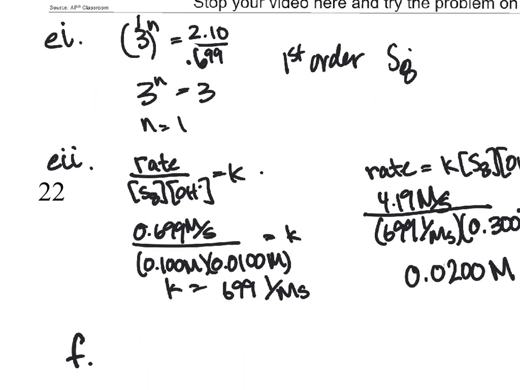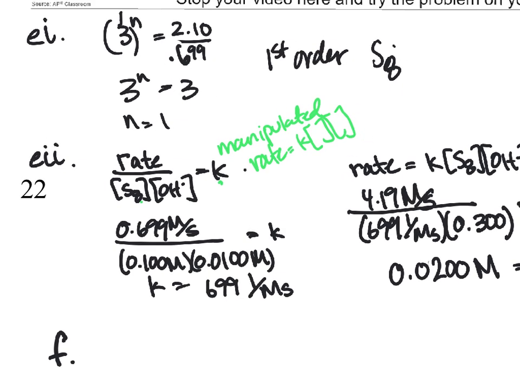I manipulated my rate expression to solve for K. The rate equals K times my concentrations. I plugged in my rate and I divided it by my 2 initial concentrations.